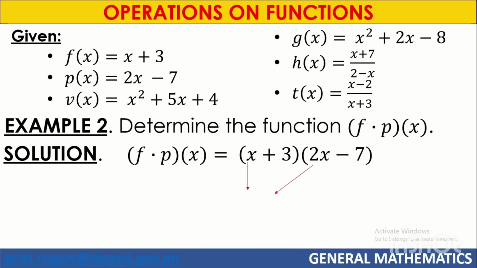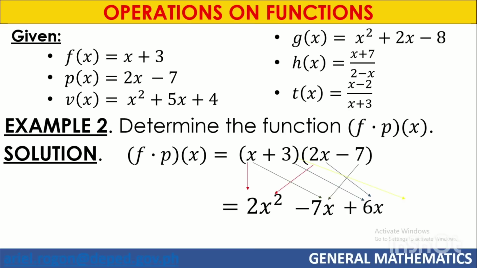So, the first term, we need to multiply x times 2x, that is 2x squared. Next, the outer term, x times negative 7 is negative 7x. The inner term, 3 times 2x, that is positive 6x. And then the last term, 3 times negative 7 is negative 21.